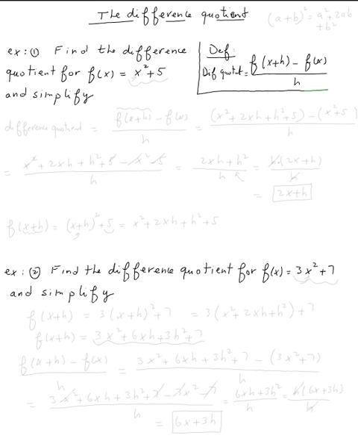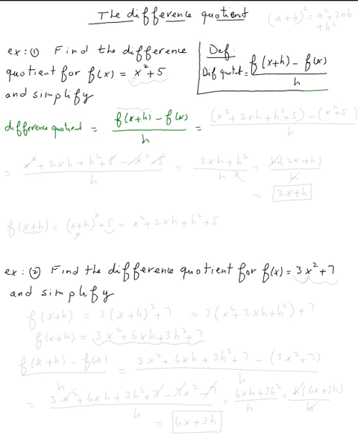Now for example 1, we need to find the difference quotient for f of x equals x squared plus 5 and simplify it. So we know that the difference quotient is this quantity, f of x plus h minus f of x over h.